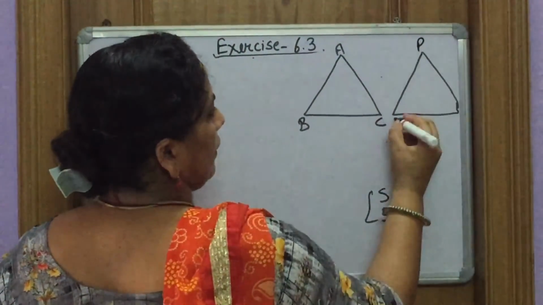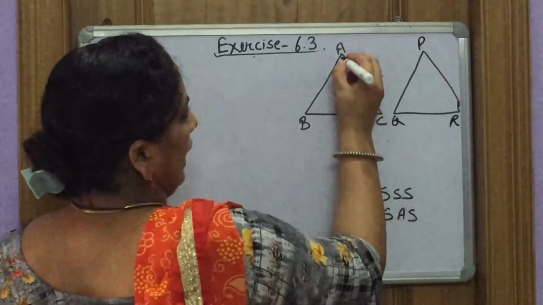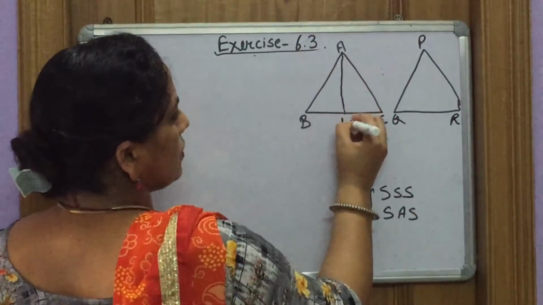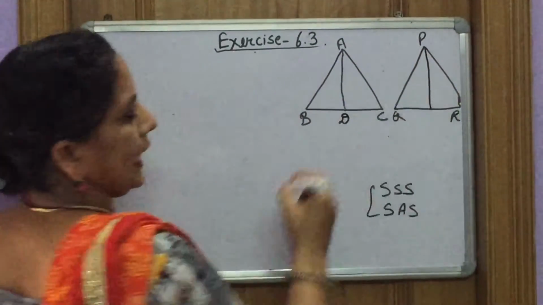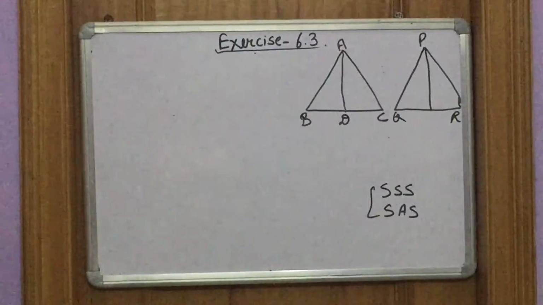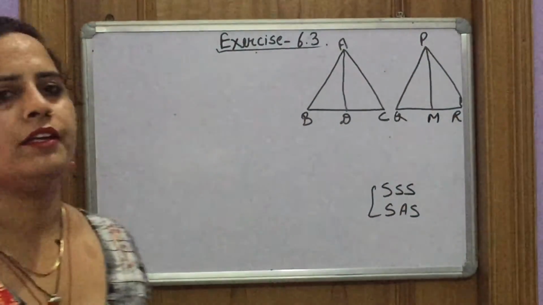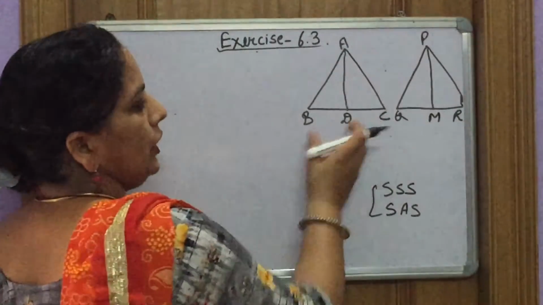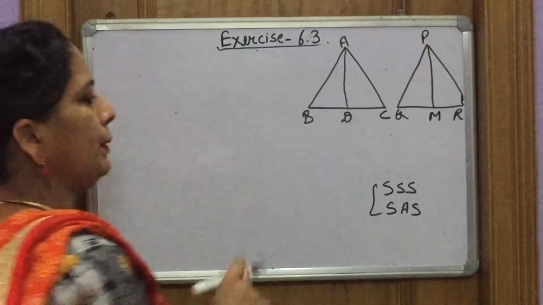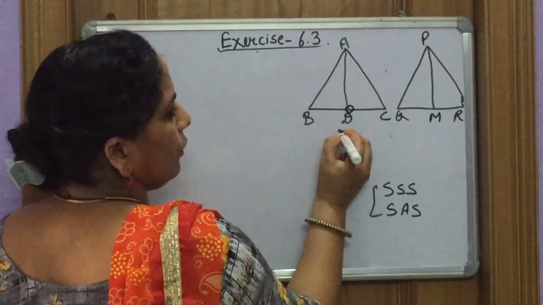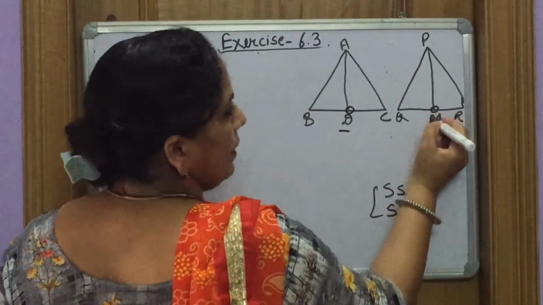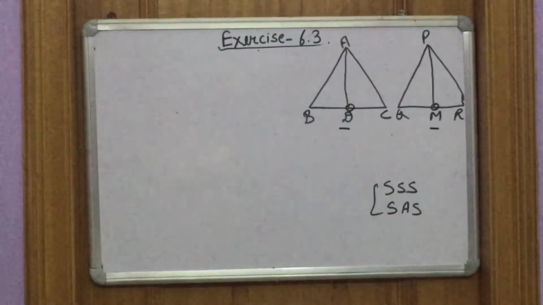The next triangle is PQR, and a median is given also, AD and PM. We know a median is a line which cuts the base into two equal parts. That means D is a midpoint of BC and M is a midpoint of QR.